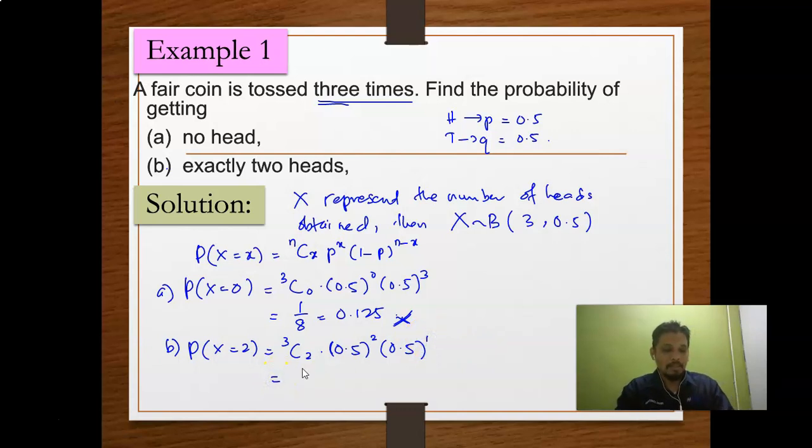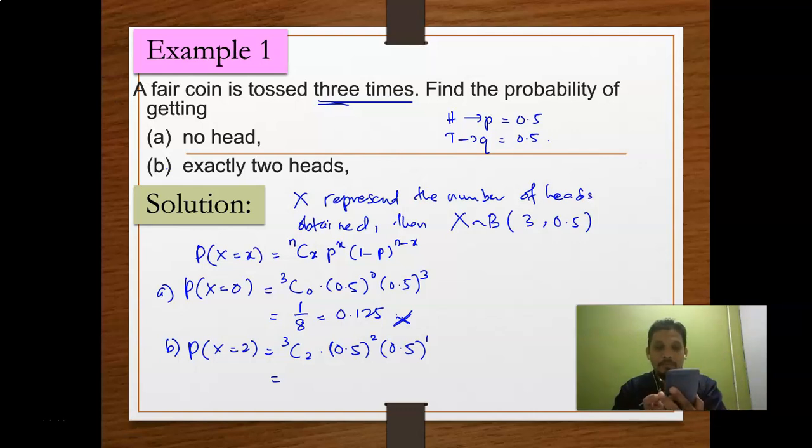Again, 3C2 multiplied with 0.5 to the power of 2 and 0.5 to the power of 1. There you go. I get it as 3 over 8.